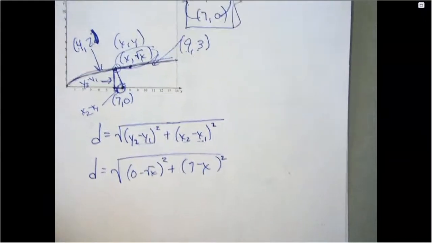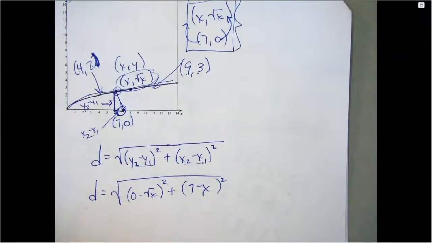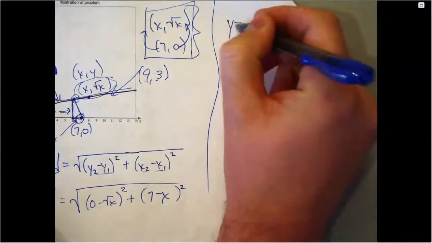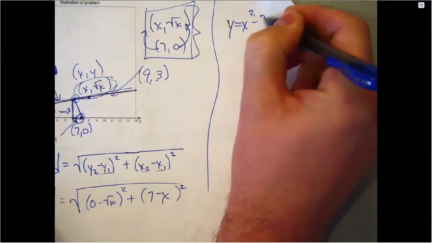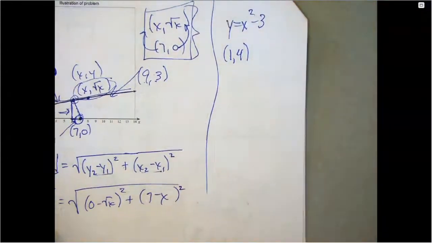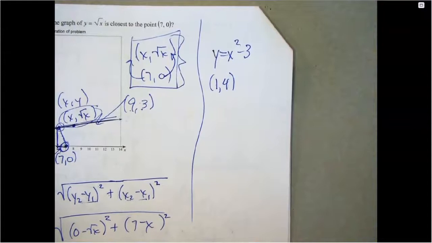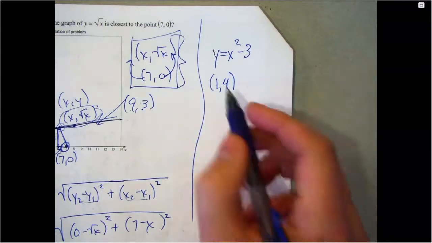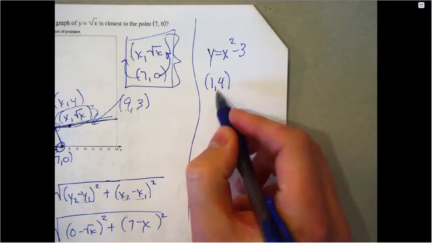Alright. So does that set up? Okay. Let's pause that and say it was y equals x squared minus 3 and the point 1 comma 4. What are the 2 coordinates that we'd be looking to minimize the distance between? Well, one of them is 1 comma 4.